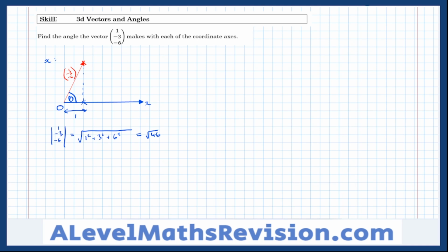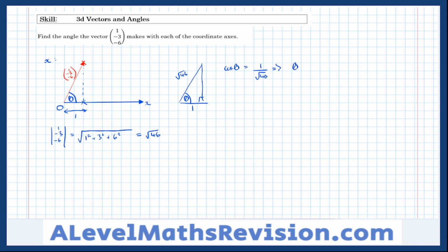So we've got this right-angled triangle with length root 46 and length 1 there. We've got the adjacent and the hypotenuse, so cos theta equals adjacent over hypotenuse, which is 1 over root 46.